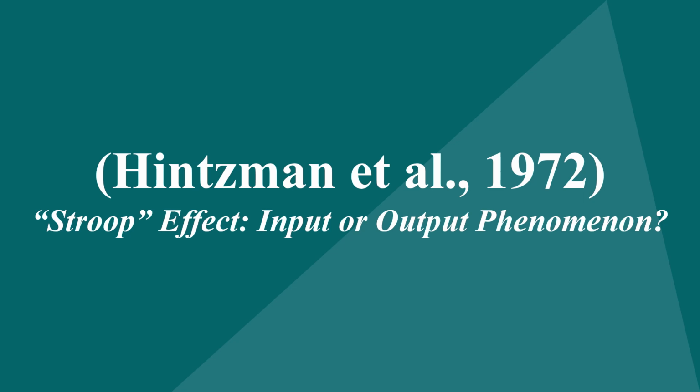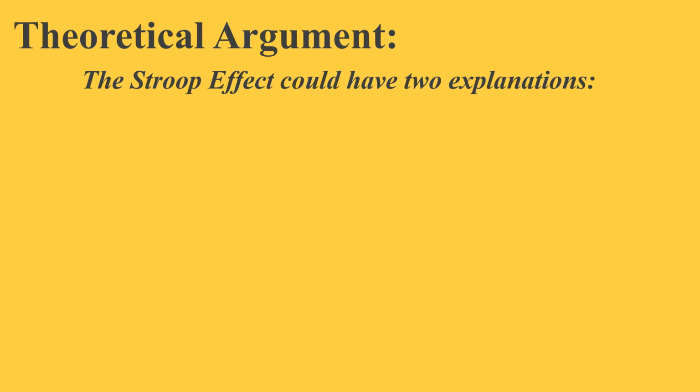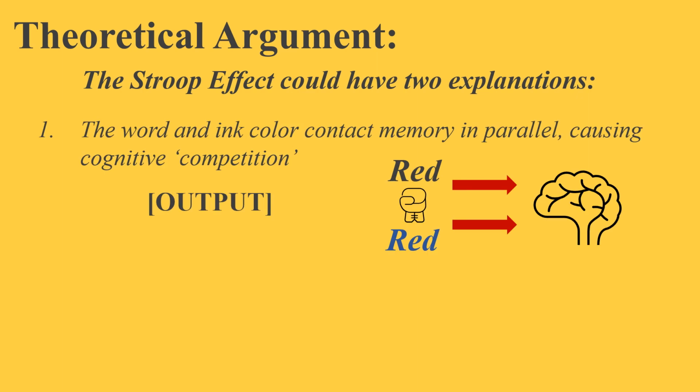Now Heinzmann, they were trying to see if the Stroop effect was a result of an error in the input stage or output. Now we will discuss what that means. So their theoretical argument was that the Stroop effect could have two explanations.